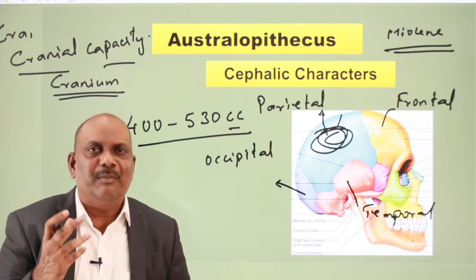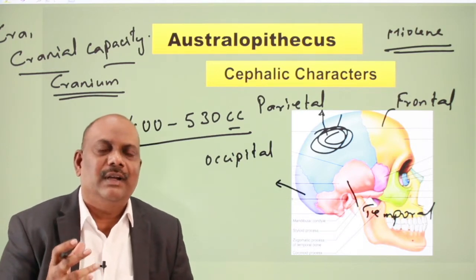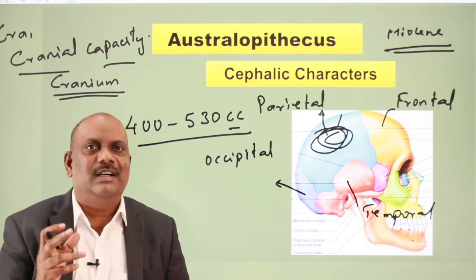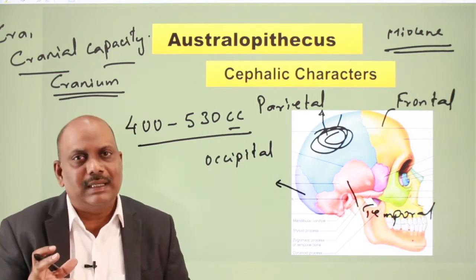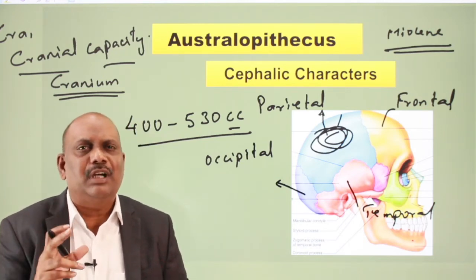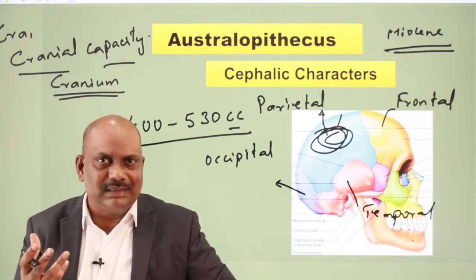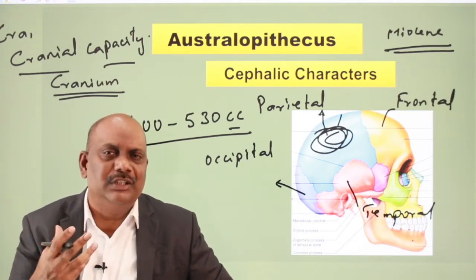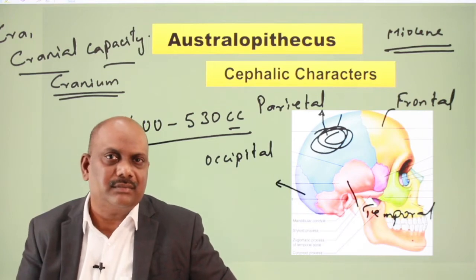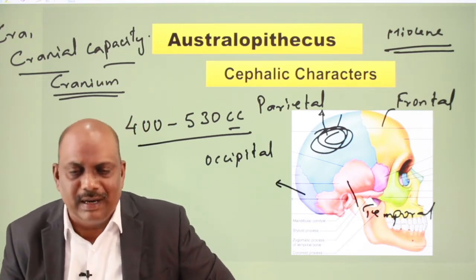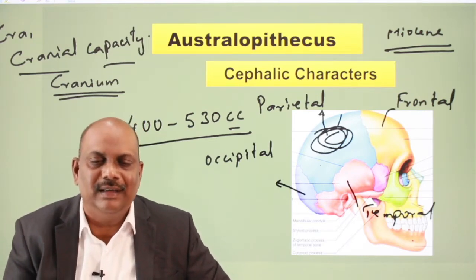And the development of brain in this particular region in Australopithecus suggests that Australopithecus might have had some sort of verbal communication. They might have shouted at least, or they might have used some sort of words to communicate. And there is also some enlargement of brain in the cerebellum.